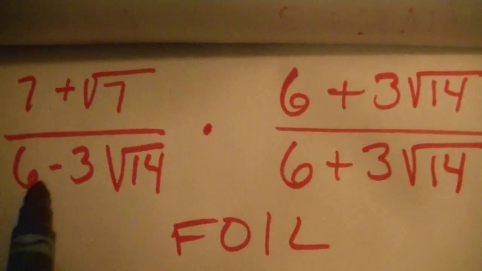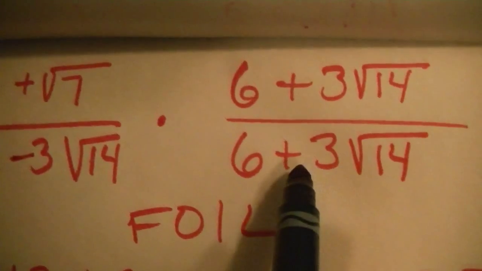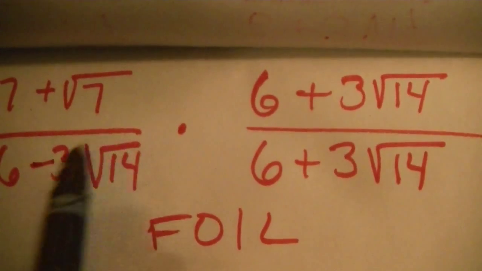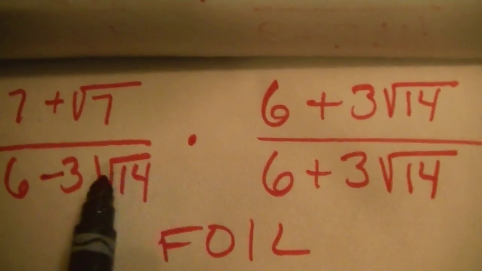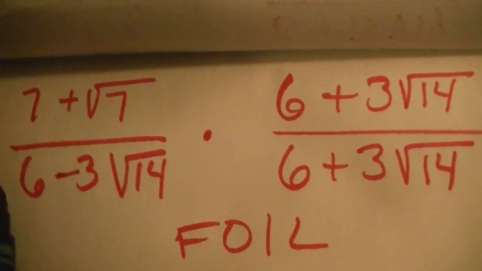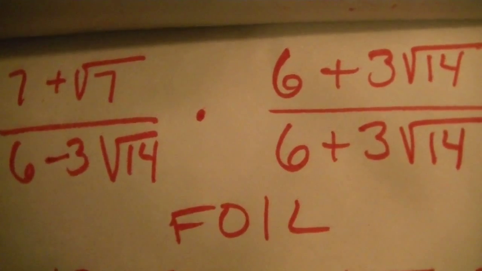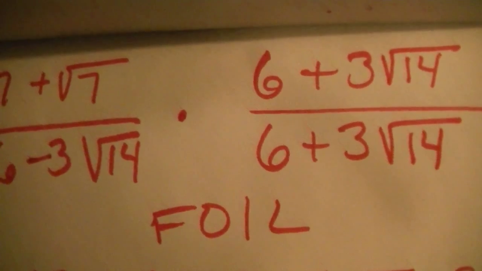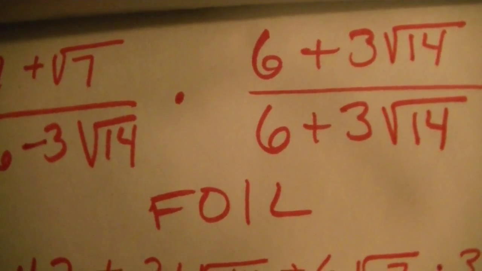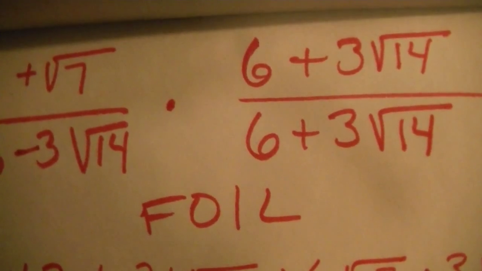Okay, now the bottom. So remember, since this is a negative and this is a positive, our goal is to get this square root of 14 to drop out. And that's why we want to multiply it times the conjugate. 6 times 6, 36. That's the first terms. Outers, 6 times 3 square root 14. 6 times 3 is 18. And leave the square root 14 there.